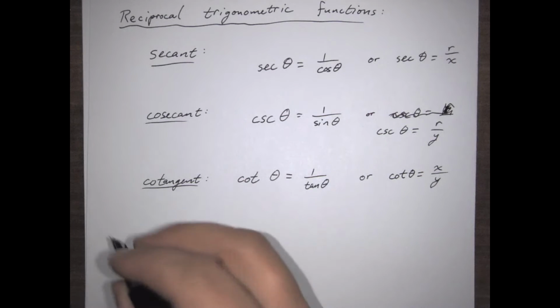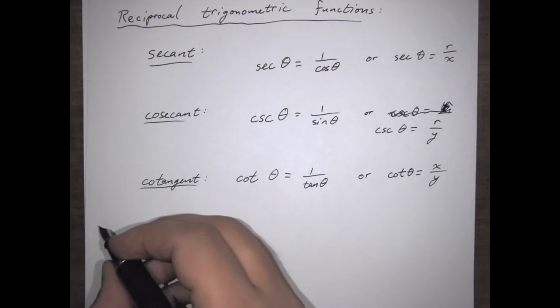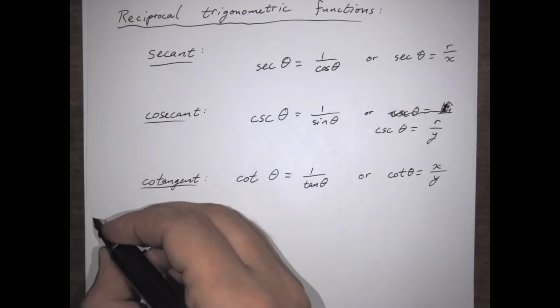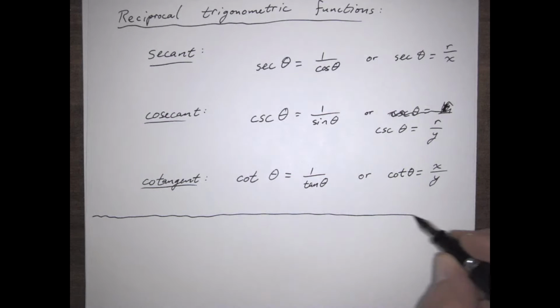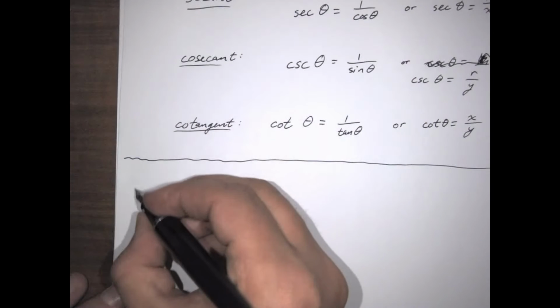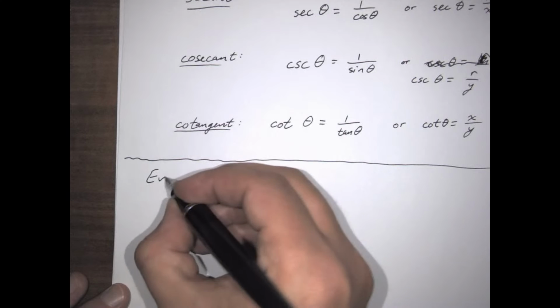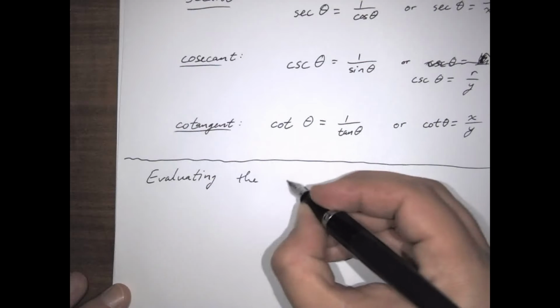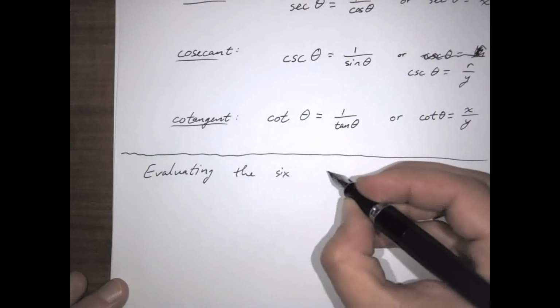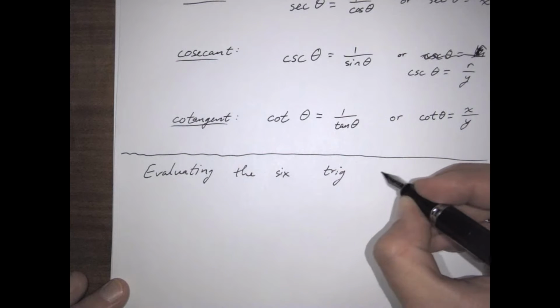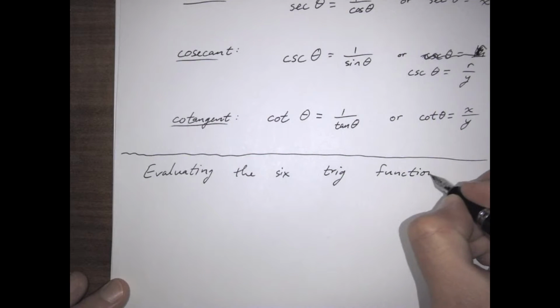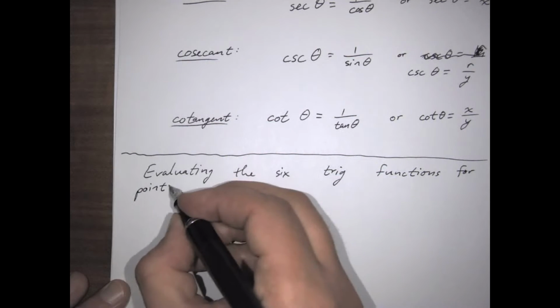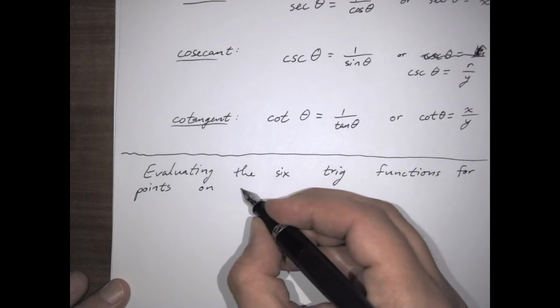Okay, so one of our first tasks here is going to be to evaluate these trigonometric functions for points on circles. So evaluating the 6 trig functions for points on a circle.